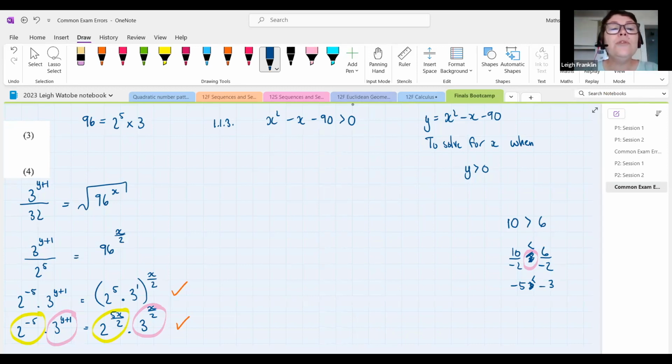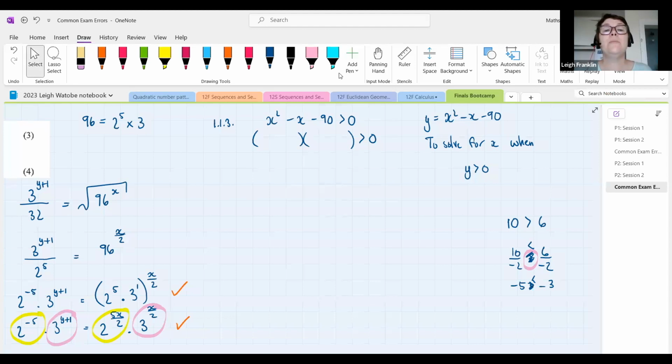So what's important here is for us to factorize our expression. All right, so we need our factors because those are going to be our critical values. So in this particular case, our critical values are what? Which two numbers, if we multiply them, are going to give us a difference of -1, and they multiply up to 90?